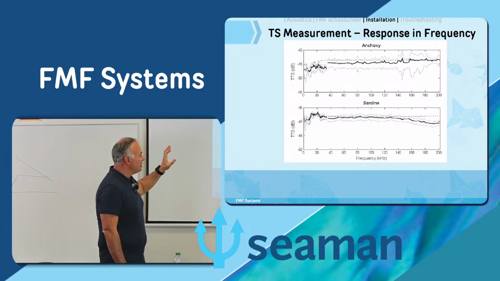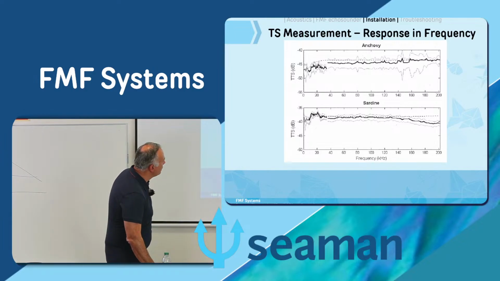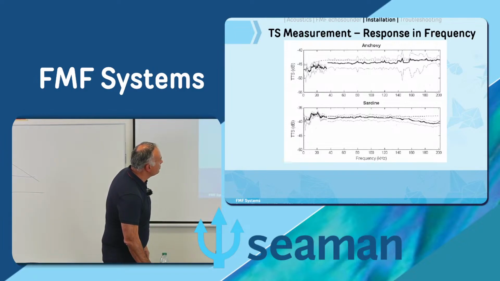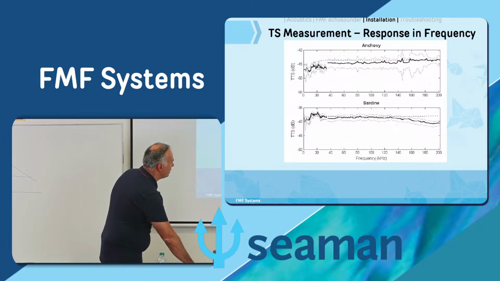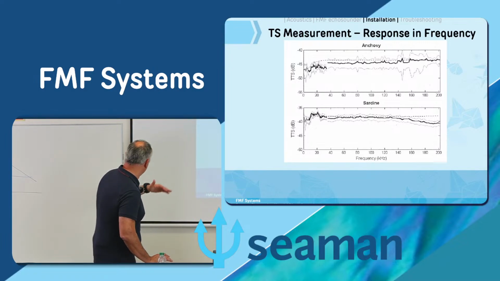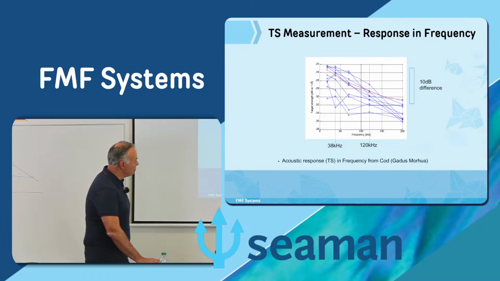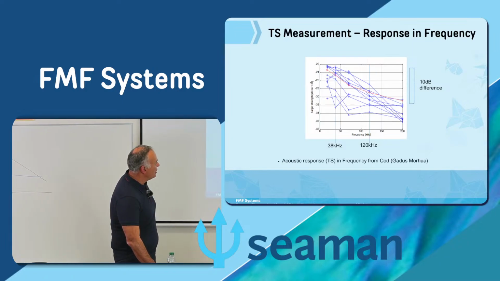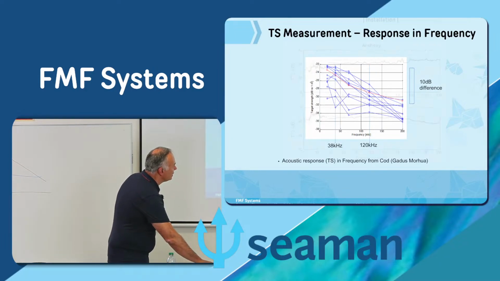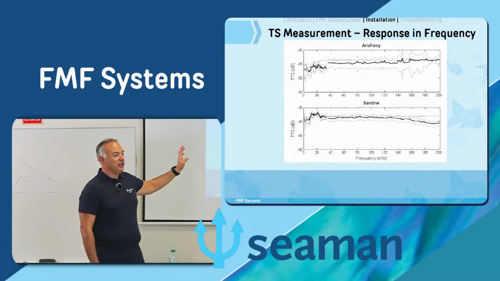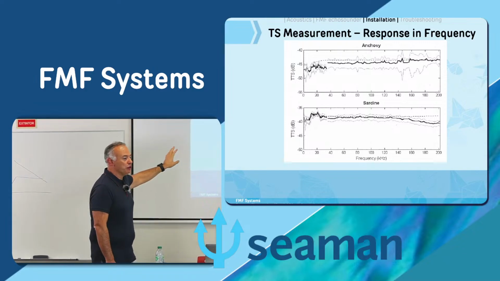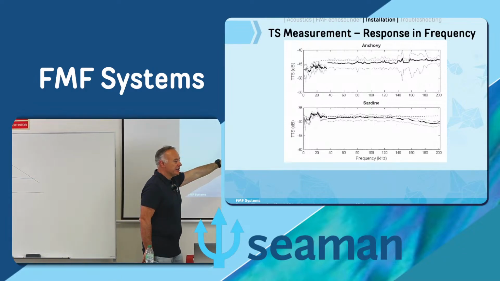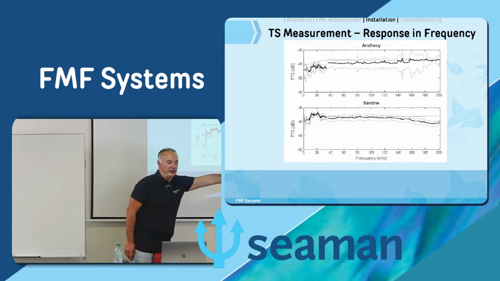So if you have a species that responds in sound in this way, flat, like anchovy or sardine, and then you have this species where the response is this way, very pronounced, very different, then with this type of species dual beam will work better because you will not have differences between the low and the high band.